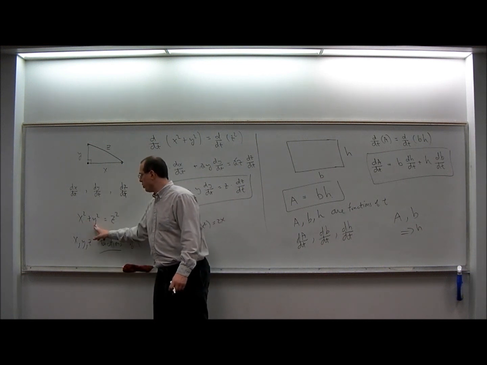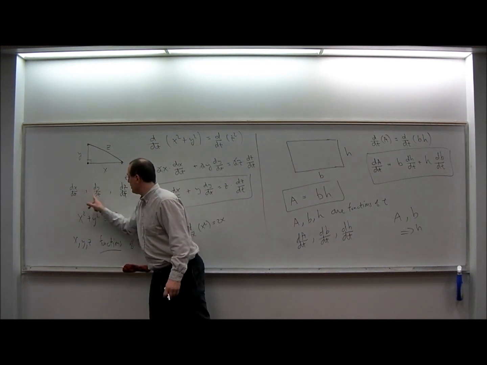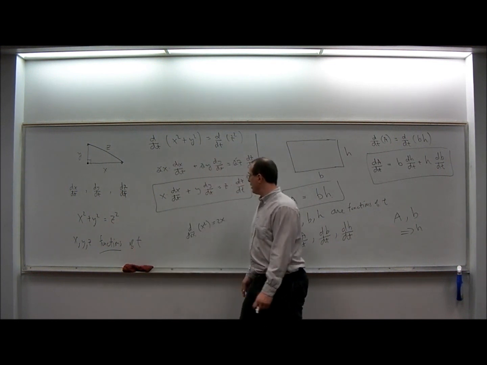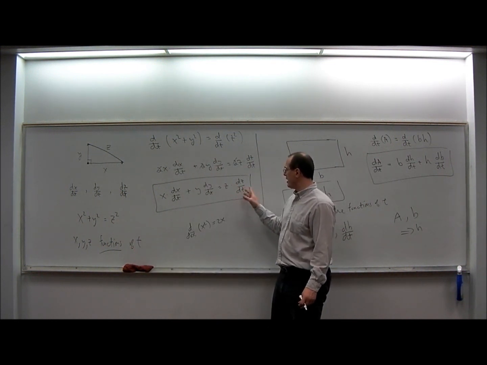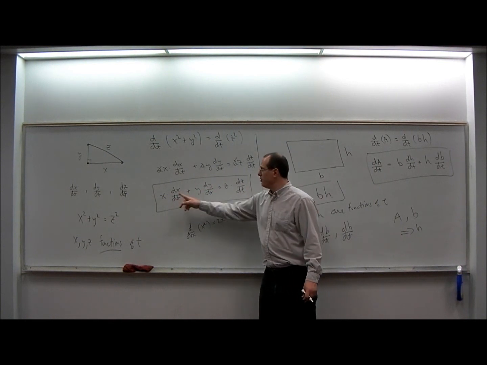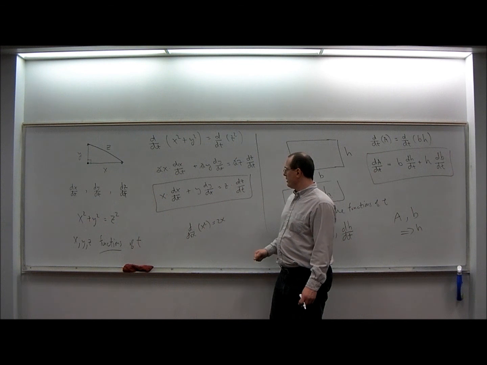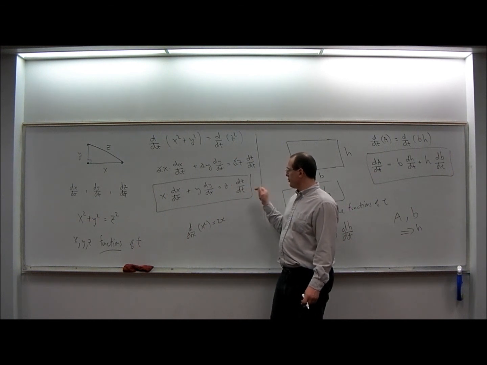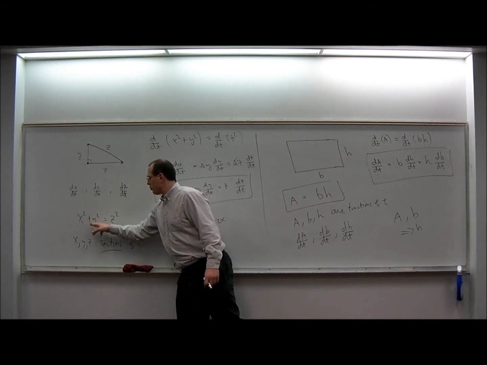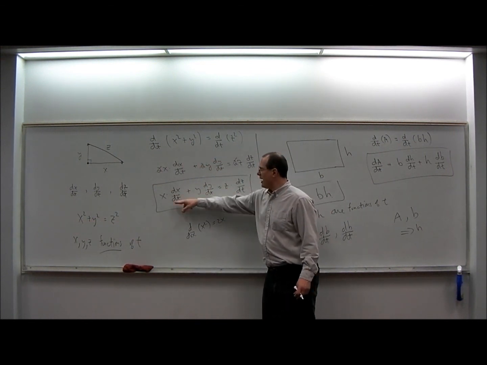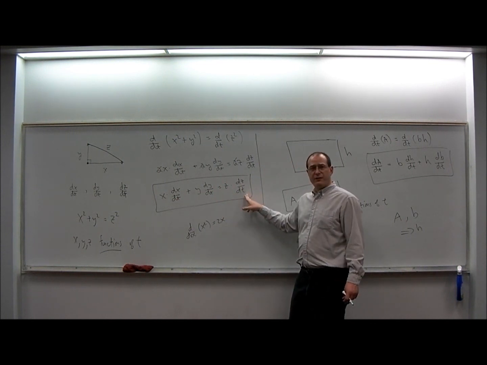So if you knew x, y, dx/dt, and dy/dt, then you could figure out dz/dt ultimately, because you could figure out z first. x squared plus y squared equals z squared, so you could figure out z. Then you would know five of the six, and then you could figure out the sixth.